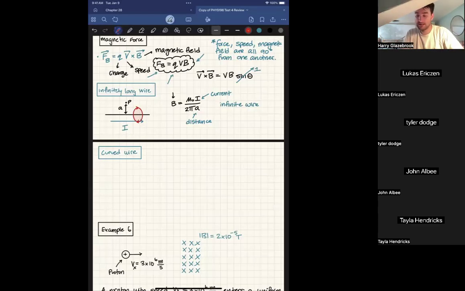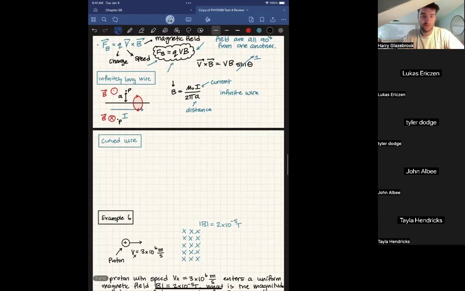So it looks like it's coming out of the page at my point P. Notice if my point P was on this side, then the magnetic field direction would actually be into the page. So where you put your point of interest actually does matter. Cool.